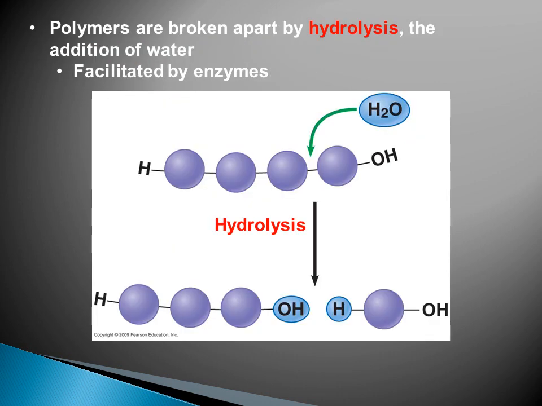So polymers are broken apart by what's called a hydrolysis reaction, the addition of water, once again facilitated by enzymes. Enzymes are used to break up these polymers into smaller components, breaking off monomers one at a time.